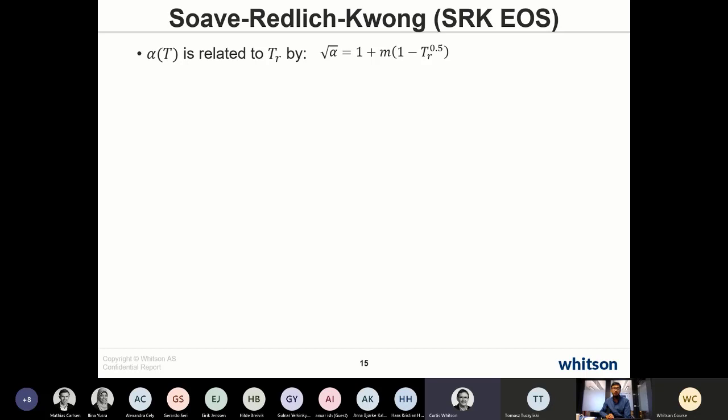Now, apparently, and this I didn't know historically, Jürgen Mollerup, who wrote the book with Michelsen, told me just recently that Peng and Robinson, who used the same form of this alpha correction term, and we'll talk about it here in a minute, didn't do it that way. They basically fit the vapor pressure curve of each compound with multiple points to get the value of M, not just using the 1 point from the acentric factor.